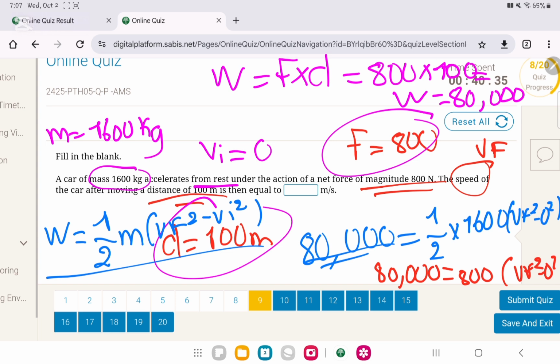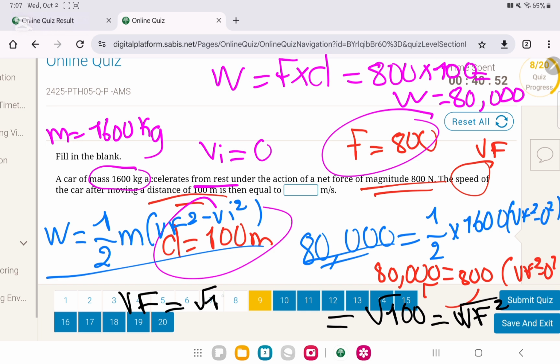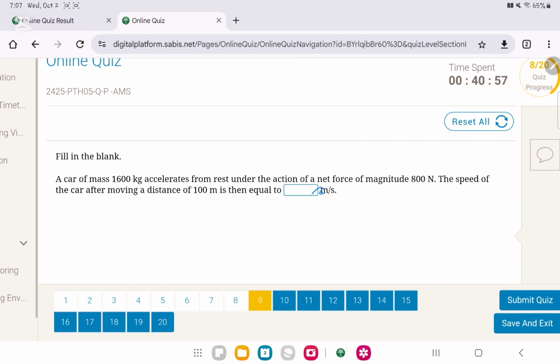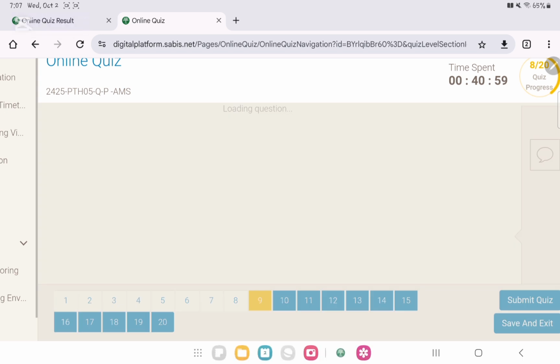If we bring 800 to the other side, we get 100 equals v final squared. To get rid of the square, we take the radical, so v final is the square root of 100, which is 10. We found v final, which is 10 meters per second.